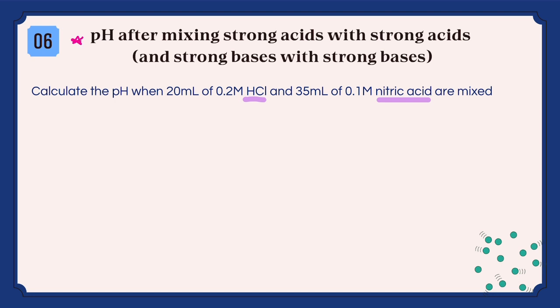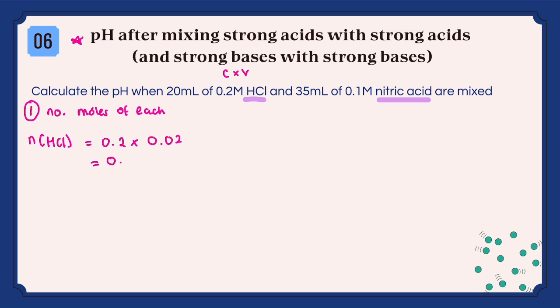So what we're going to do is first work out the number of moles of each acid. We're going to work out how many moles of HCl we have. To do that, we're going to do concentration times the volume. So that's 0.2 times 0.02, and that's going to give us 0.004 moles of HCl.